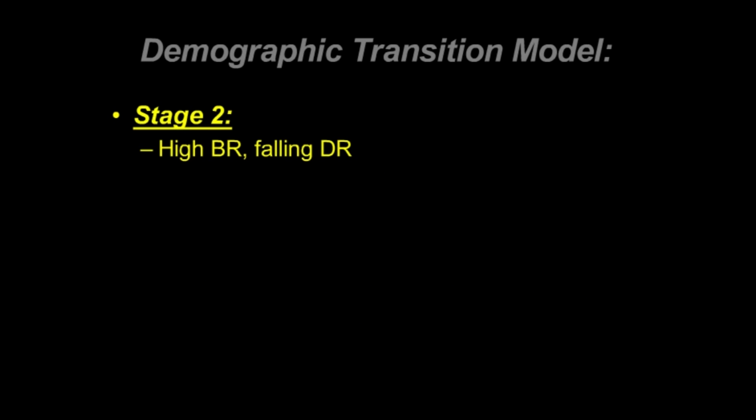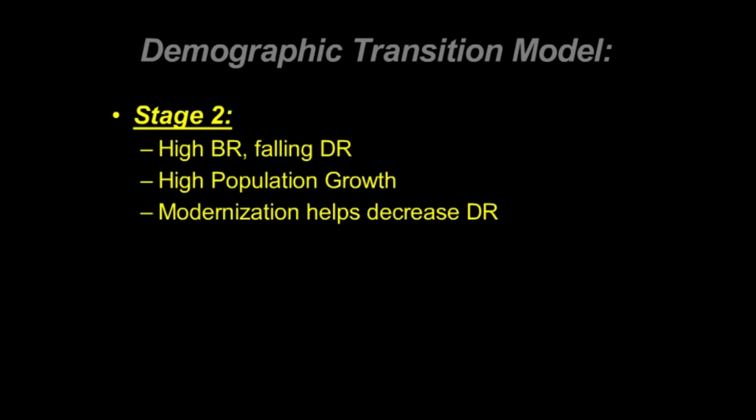Next up, stage 2: high birth rates, falling death rates, and subsequently high population growth. The key here is that areas start to modernize for various reasons. We'll get more into those later in the semester. But modernization helps to decrease the death rate. So what is modernization? One of the keys is better transportation networks, so food is transported from surplus areas to deficit areas.